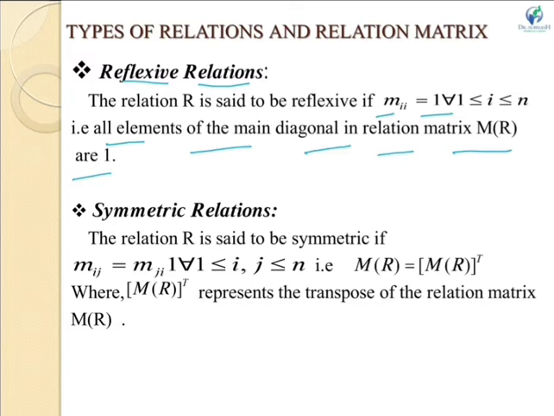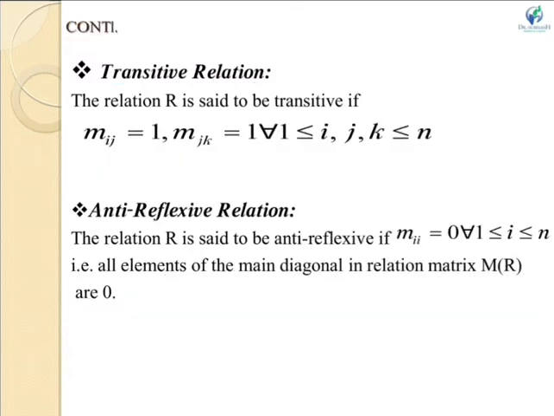The relation R is said to be symmetric if Mij equal to Mji. That is, MR must be equal to MR transpose, where MR transpose represents the transpose of the relation matrix. We know what the transpose of a matrix is, so we need to remember this.